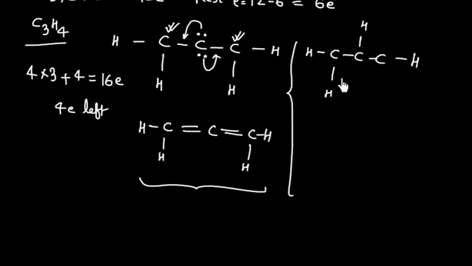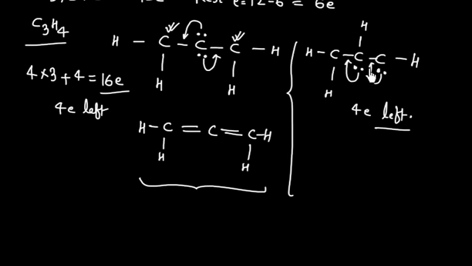Now in this case again we have a total of 16 electrons, but we have used 2, 4, 6, 8, 10, 12, that is 4 electrons left. We can put 2 electrons here. Are you getting or not? We can put 2 electrons here. If I form a bond here and if I form a bond here, what will happen?